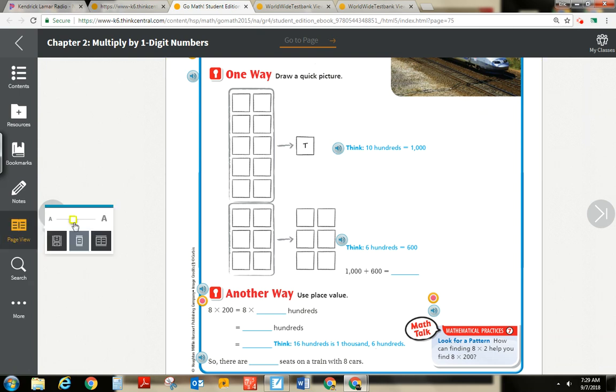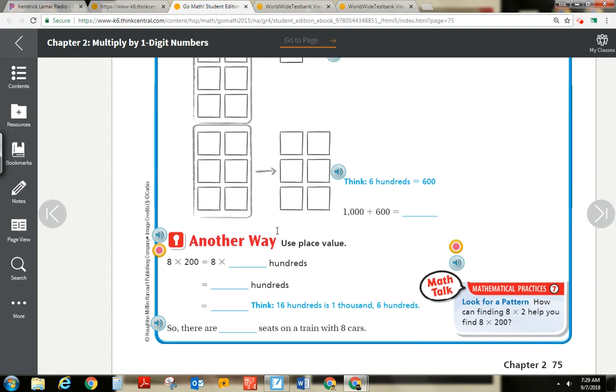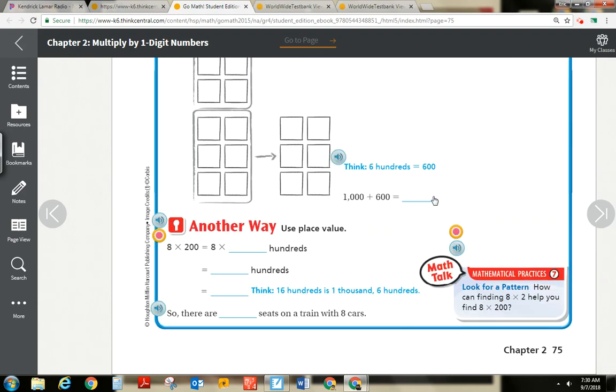Let me zoom in here on this problem down here at the bottom. So here's our problem, same as up here. We already know the answer, but let's solve it this way. 8 times 200. I personally really like this way. I rewrite my problem like this.